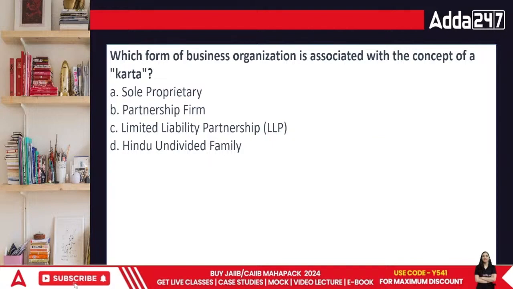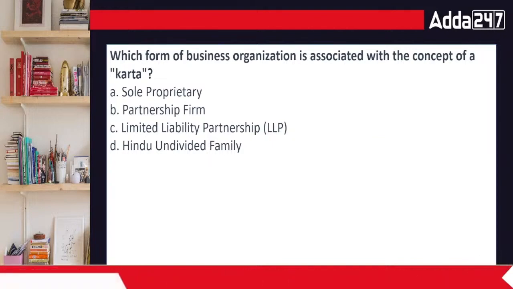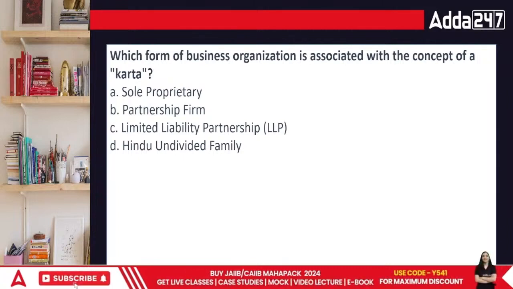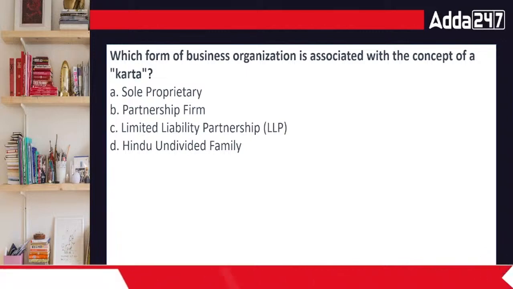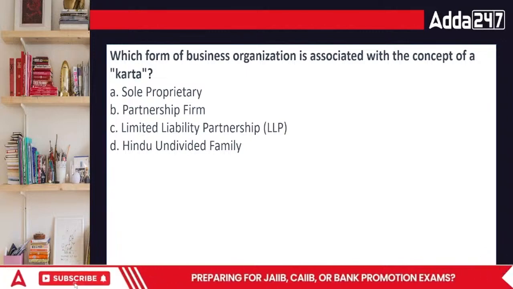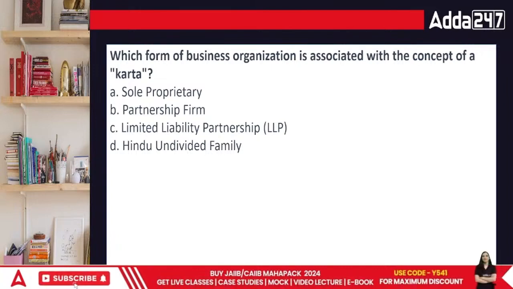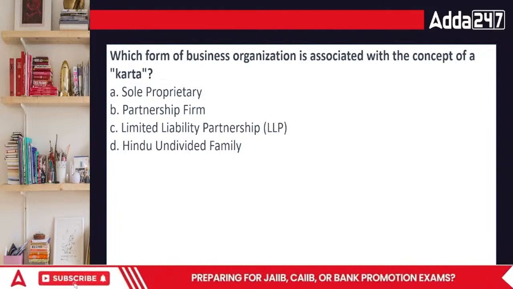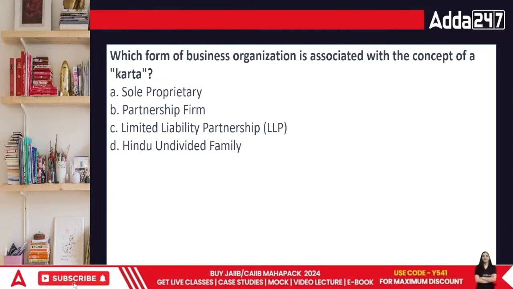Okay. Then comes the next point. Which of the following business organizations is associated with the concept of karta? Sole proprietorship, partnership, LLP, or HUF? If I talk about HUF, the eldest male of the particular HUF is known to be the one who rules the organization.